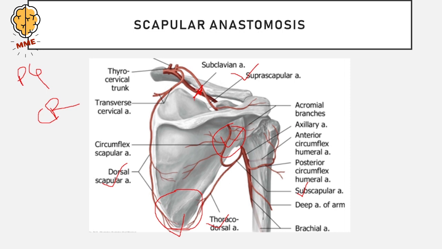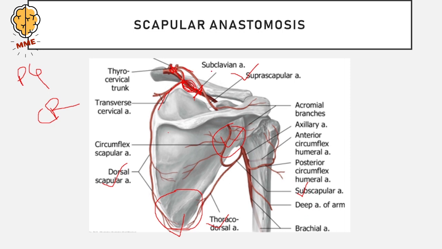Okay, so there will be high pressure in the blood. Pressure will develop over here, so this will reach the thyrocervical trunk. Now this thyrocervical trunk will move on to the suprascapular and to the transverse cervical. Okay, now suprascapular will go all around above the scapula, and it is anastomosing with our third part.